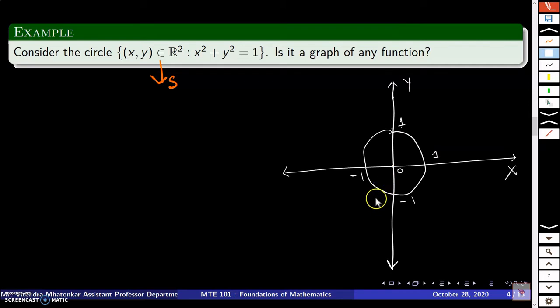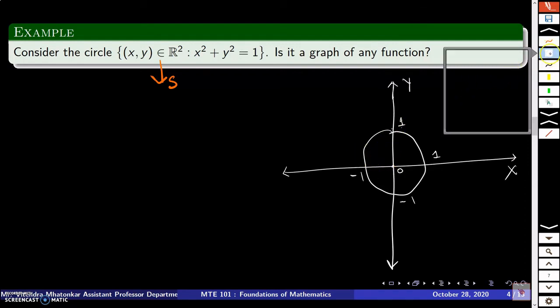Now by the vertical line test, I draw a vertical line parallel to the y-axis and check whether it touches this set S, the unit circle, at most one point.